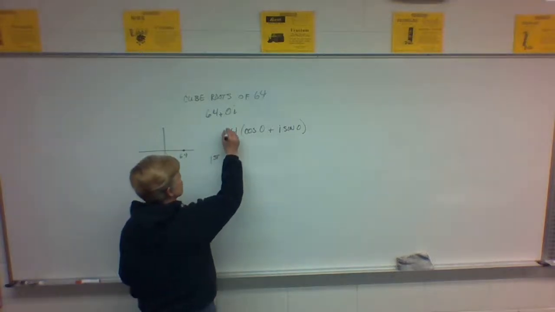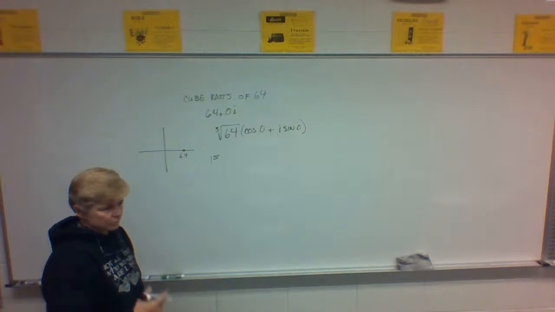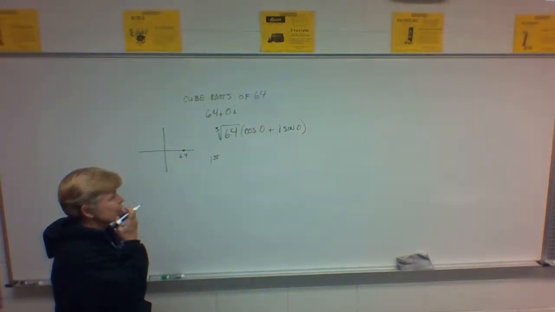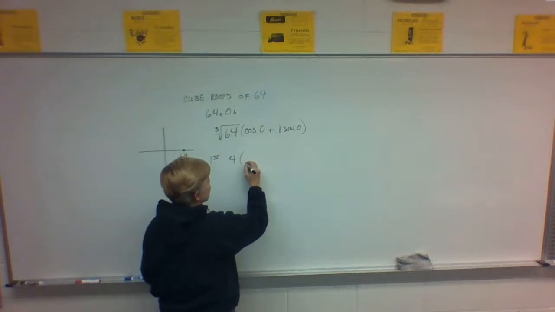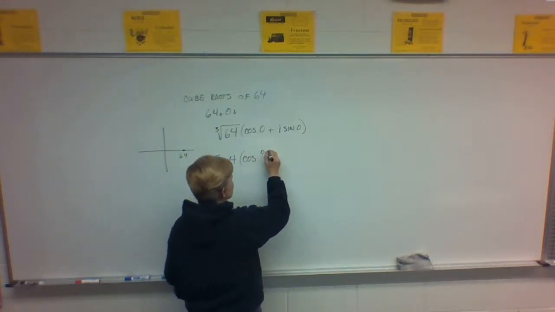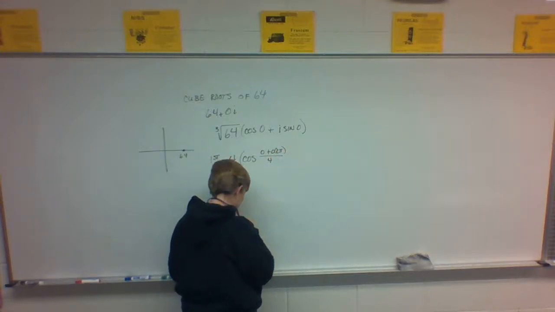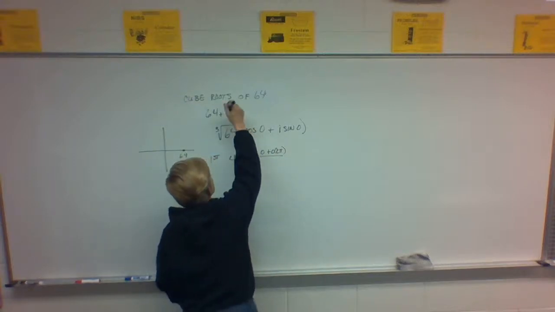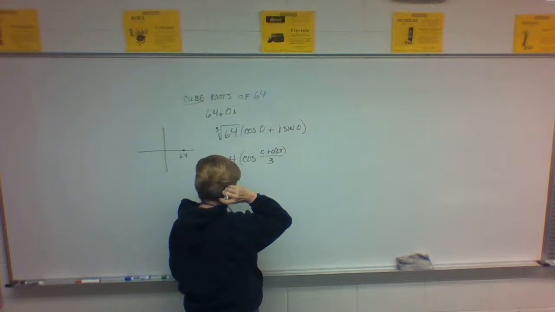If you want to write it like this so that you're showing the work that I just told you to give me, you can write it like that, and then the first one's going to be 4 cosine of 0 plus 0 times 2 pi over 3. N, no, 3. N is this part. Well, that's still 0, right?